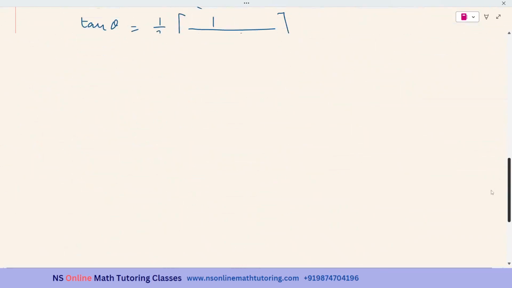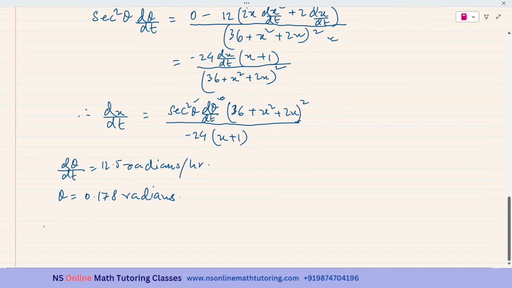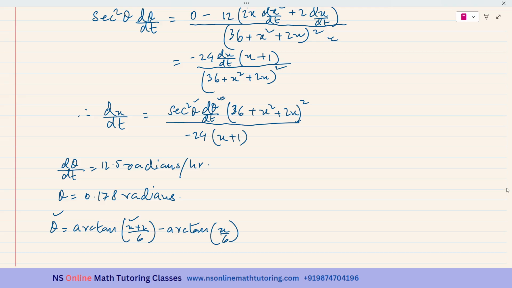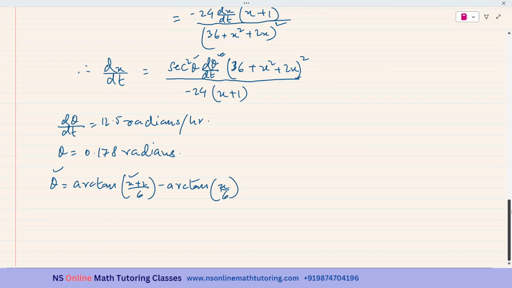So theta equal to arctan of (x plus 2) over 6 minus arctan of x over 6. And we know the value of theta, so we can find the value of x using our calculator, GDC, okay?